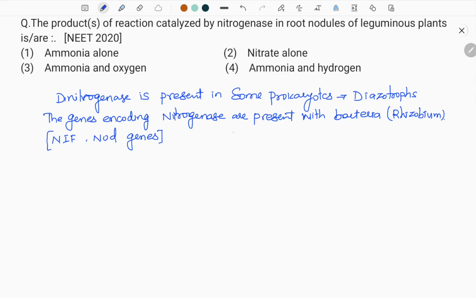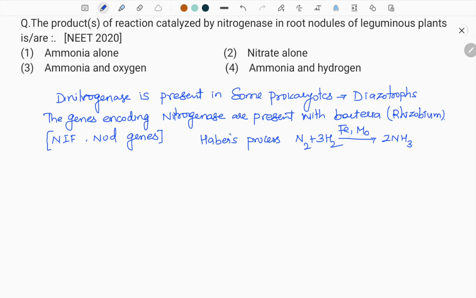So if you see the reaction of Haber's process, which you find in chemistry, that is N2 plus 3H2 gives rise to 2NH3, this ammonia. Here iron is the catalyst, whereas molybdenum is the promoter.